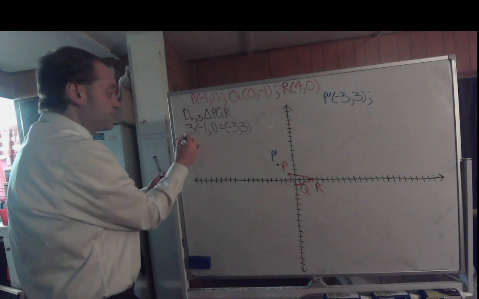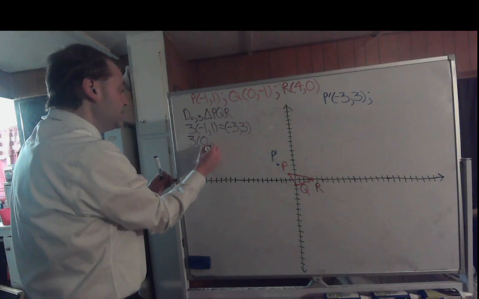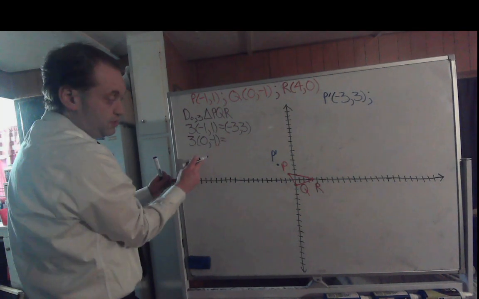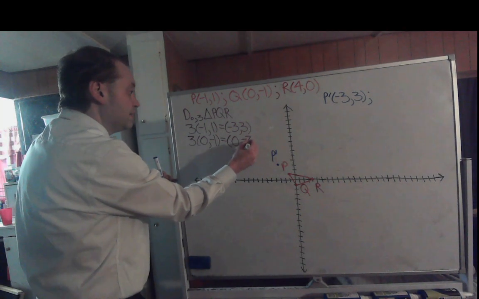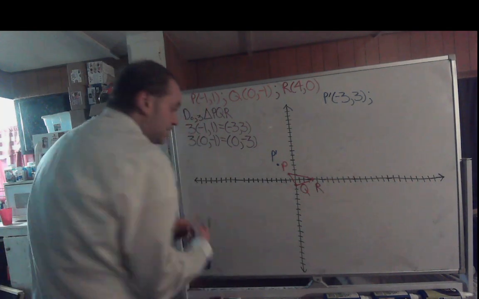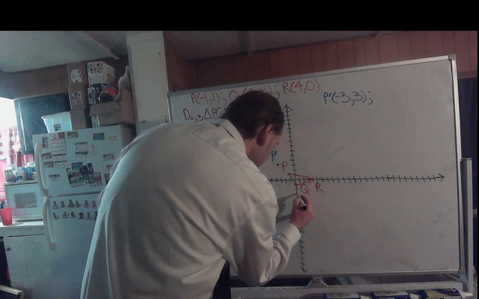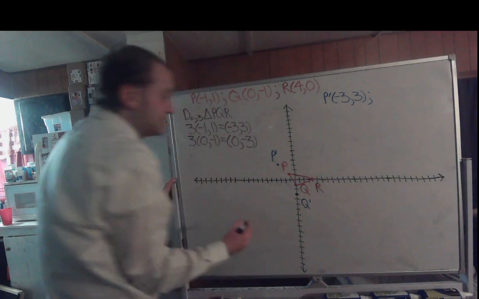So I'll just take 3 times the coordinates of Q, which was (0, -1), which would give me the coordinate of (0, -3). So my Q prime will be located at (0, -3). So there's my Q prime at (0, -3).